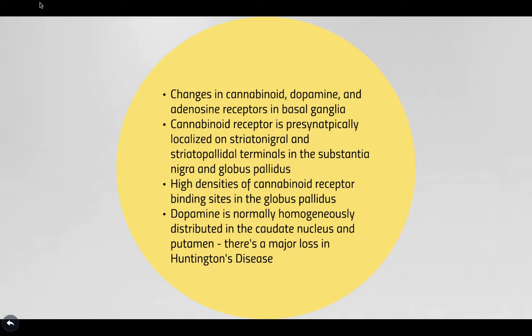The cannabinoid receptor is presynaptically localized on striatonigral and striopallidal terminals of the substantia nigra and globus pallidus. There are high densities of cannabinoid receptor binding sites in the globus pallidus, and dopamine is normally homogeneously distributed in the caudate nucleus and putamen. When somebody has Huntington's disease, there's a major loss in the dopamine.